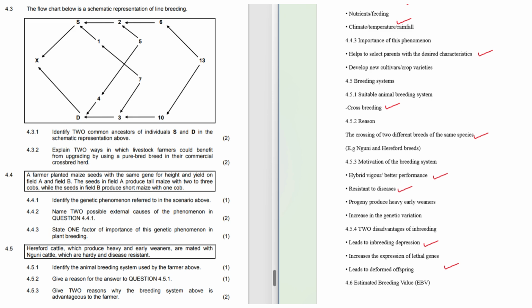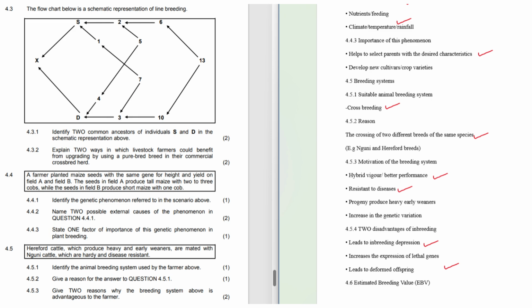4.5.2 Give a reason for your answer. Crossbreeding is the crossing of two different groups of the same species. For example, here we have two different breeds, Nguni cattle and Hereford cattle. They wanted a reason related to the definition of crossbreeding.